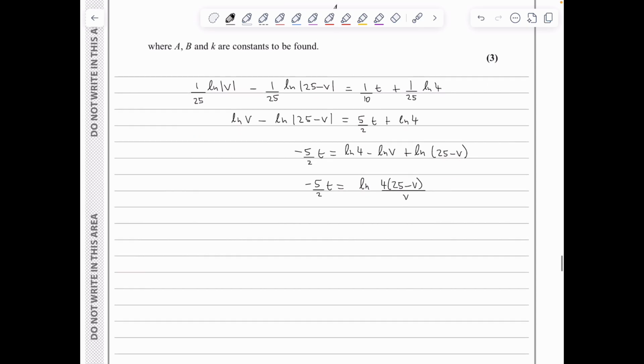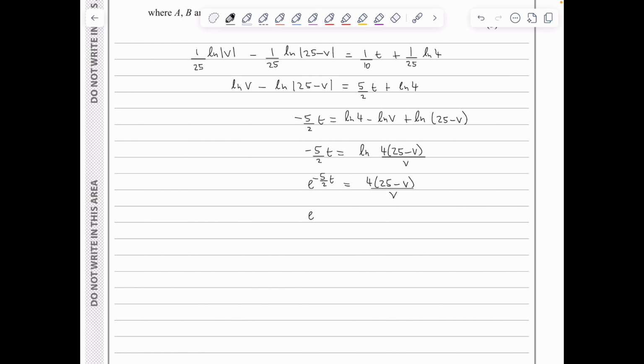So I will remove the ln by taking e of the left hand side. So e to the minus 5/2 t is equal to 4 times 25 minus v, and all divided by v. I will then proceed by expanding the right hand side. So e to the minus 5/2 t is 100 minus 4v over v.